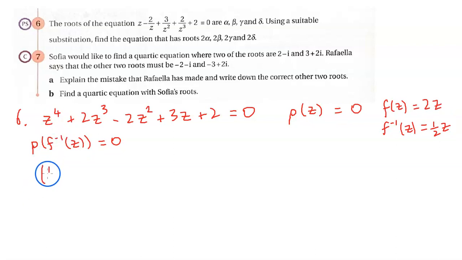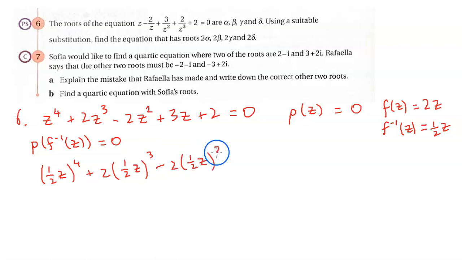So we got 1/2 z to the power of 4 plus 2 times 1/2 z cubed minus 2 times 1/2 z squared plus 3 times 1/2 z plus 2 equals 0. And then from there we can just simplify it.